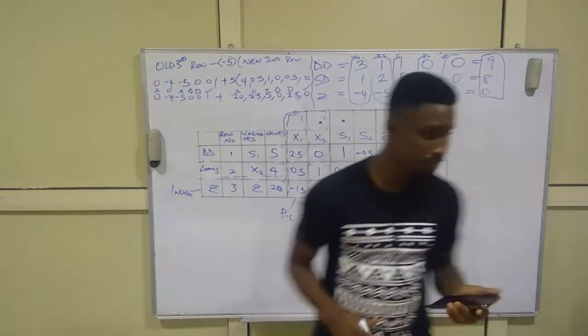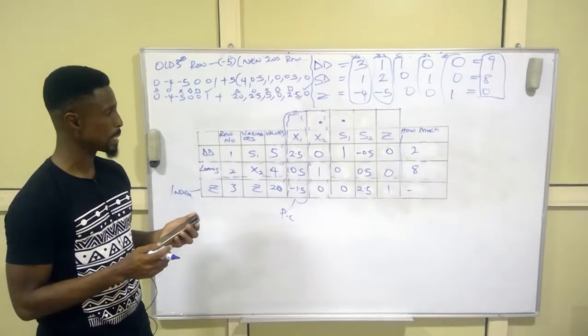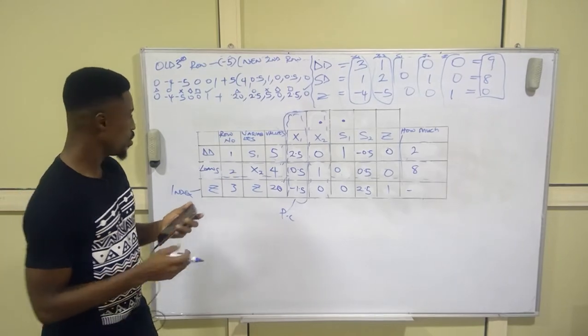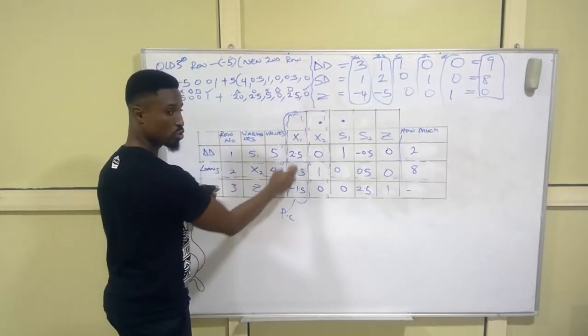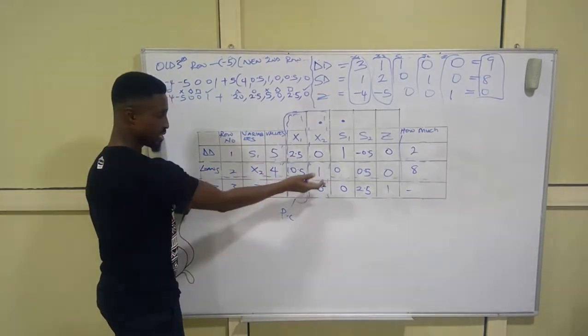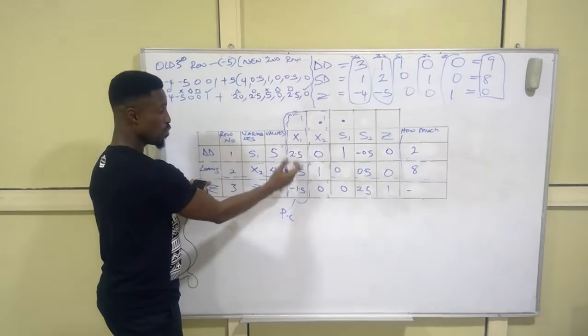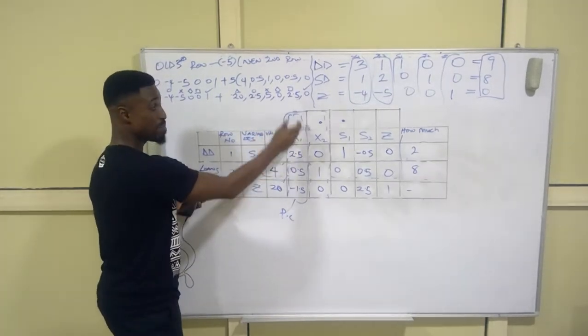So we divide our values by the pivot column. When you've picked your pivot column, that's the most negative, whatever your pivot column is, you divide the values you have here by the pivot column alone.